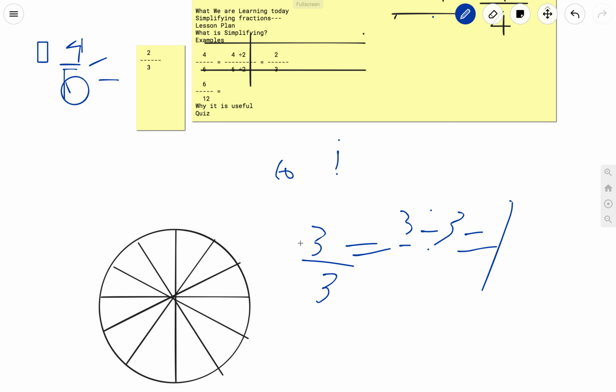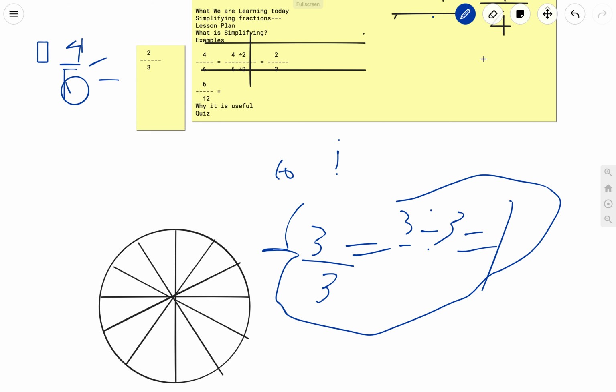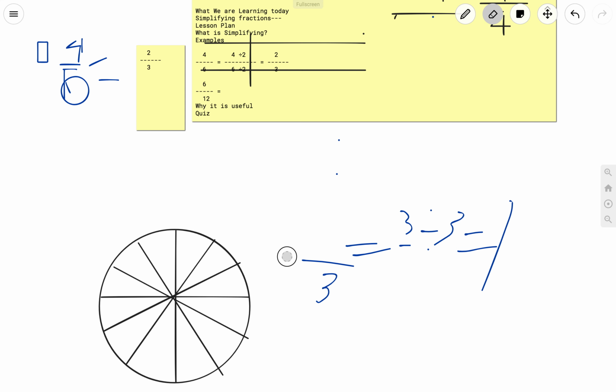In this case, you also have to tell your teachers that it is a 1, or you tell anyone that 3 over 3 is 1, as it is its simplest form. If you don't do this in tests, you might also lose some marks.